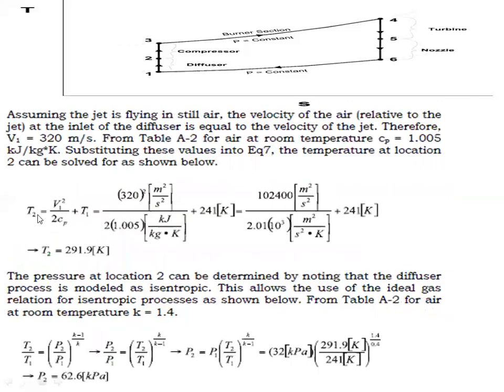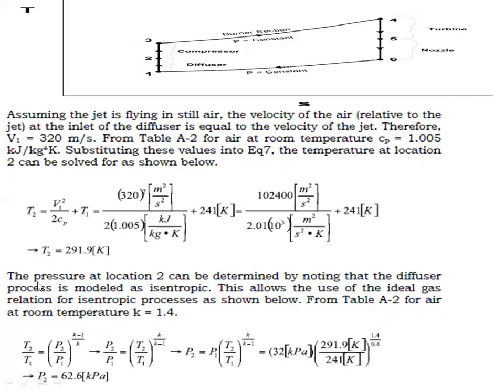So if we substitute into T2 equals V1 squared by 2 Cp plus T1, V1 is 320, squared, divided by 2 into Cp, which for air is equal to 1.00, plus T1, which is 241. If you substitute the values, T2 is equal to 291.9 Kelvin.